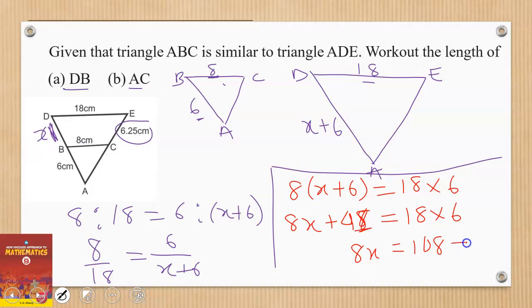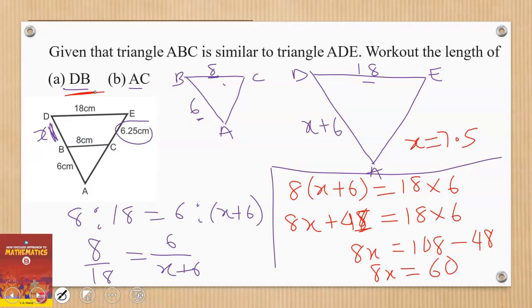Then we move this one to the other side to become minus 48. Now when we subtract 48, we have 8x is equal to 60. So dividing both sides by 8, our answer is 7.5. So our x becomes 7.5, and that answers for the DB.